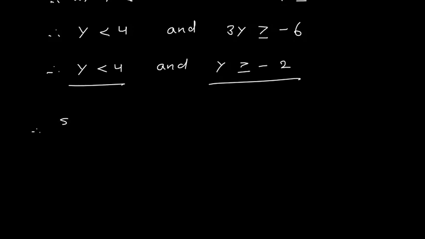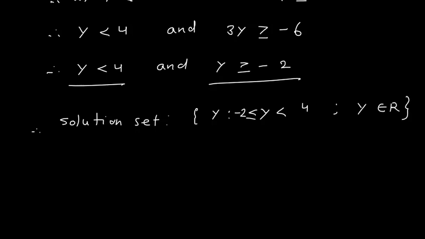So therefore for real number we have solution set. We have solution set as it is set of all y, where y is greater than or equal to minus 2 and it is less than 4, and y will belong to real number. And on number line we can show it by drawing a number line.